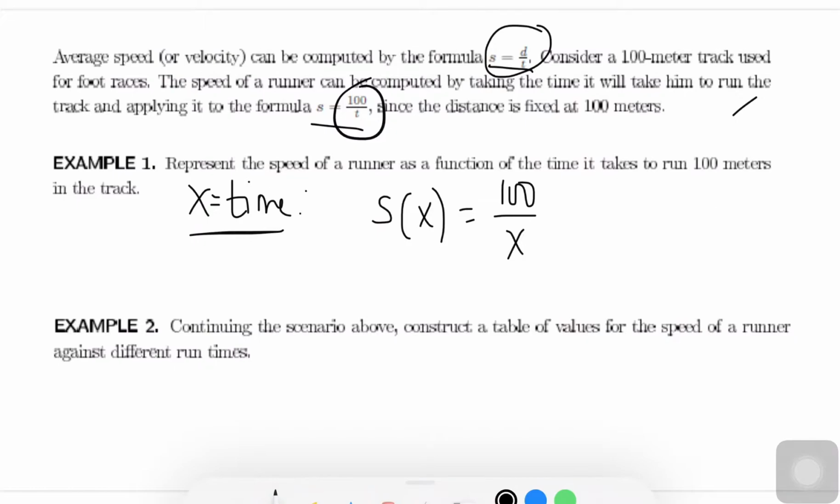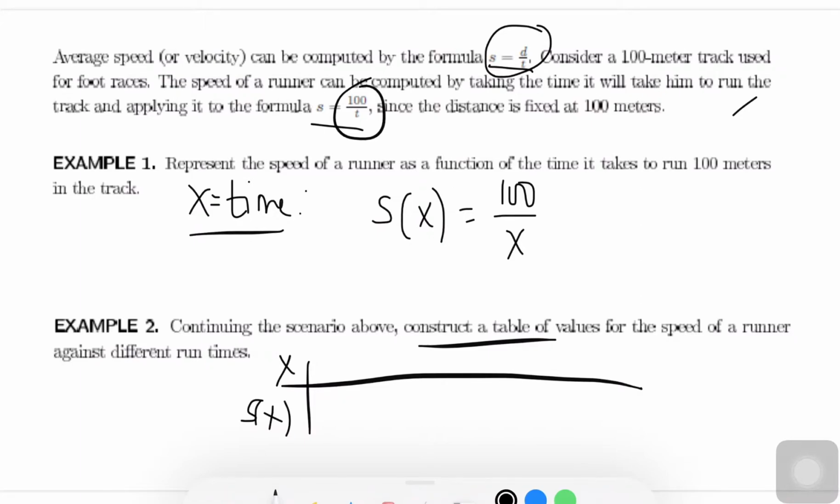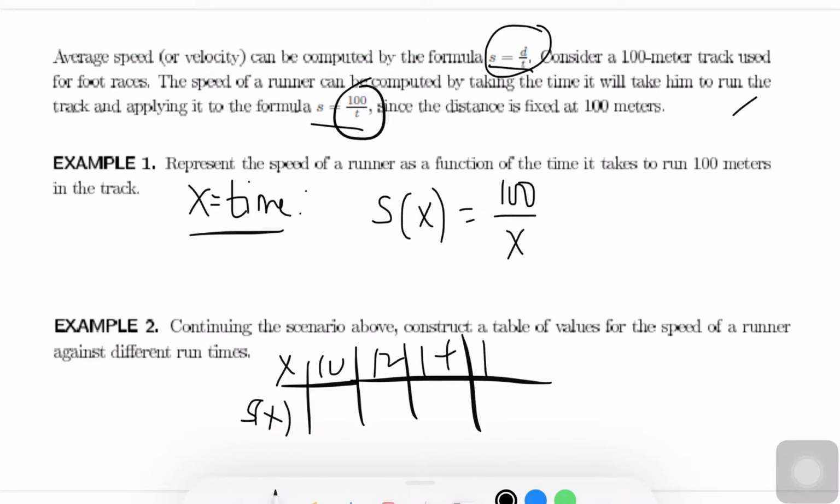Next is construct a table of values. So we have x and s of x. Our x here, say for example, we have 10, 12, 14, 16, 18, 20.